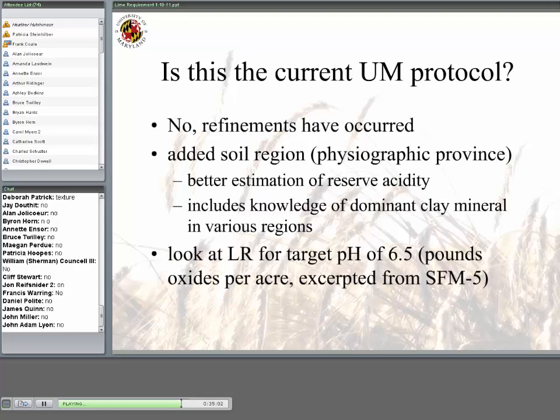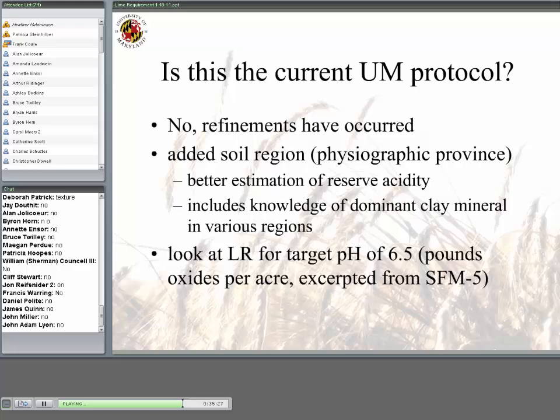It's been refined somewhat, by adding physiographic province or soil region to the mix. That was not in the initial publication of Axley and Hoyert. Physiographic province or soil region gives us better information about reserve acidity because the dominant clay minerals vary from region to region in Maryland.